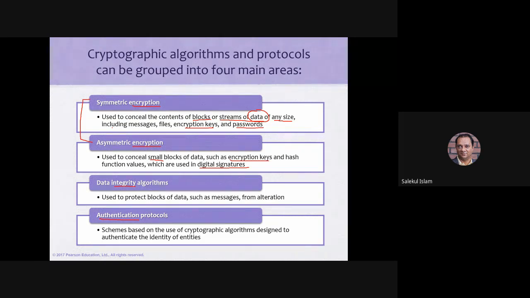So why symmetric encryption for large data and asymmetric encryption for small data? Because symmetric encryption is much faster, way faster than asymmetric encryption. Why is it faster? That is the thing we are going to study in this course. But the main idea is that the algorithm of symmetric encryption is very fast.